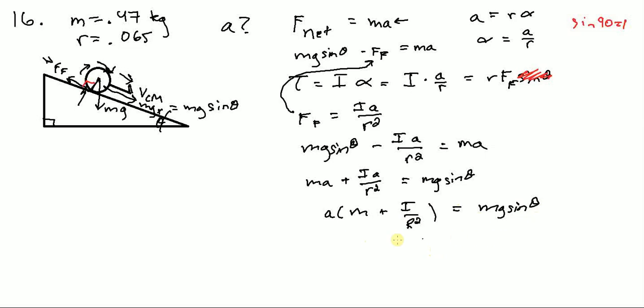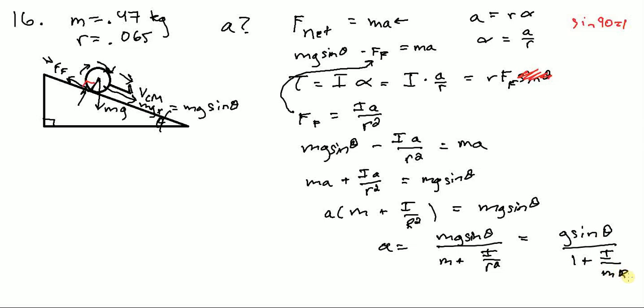And then you can just divide on the other side. So a equals mg sine theta over m plus I over r squared. And I think that's pretty much it. And if you want, you can divide the m's on the top and the bottom. So we get a equals g sine theta over 1 plus I over mr squared. All right, so that's for the acceleration.